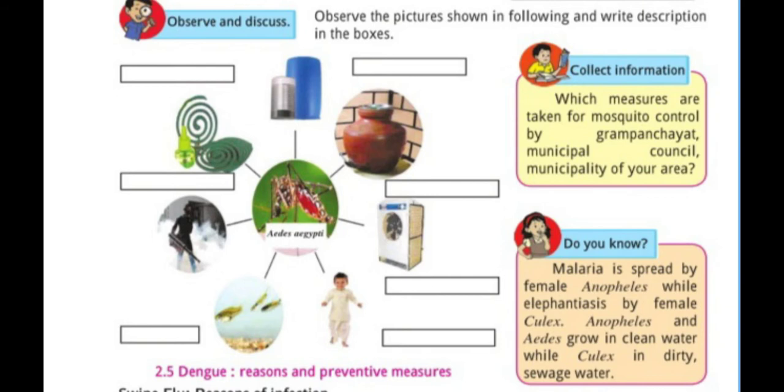Even at night we can use coils to prevent mosquito bites. Even at night we can use full sleeve shirts to prevent mosquito bites. Malaria is spread by the female Anopheles mosquito, and elephantiasis by the female Culex. Anopheles and Aedes grow in clean water while Culex grows in dirty sewage water.